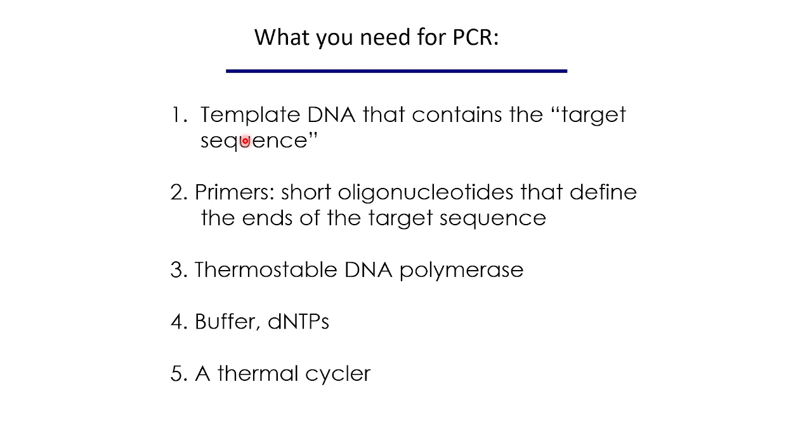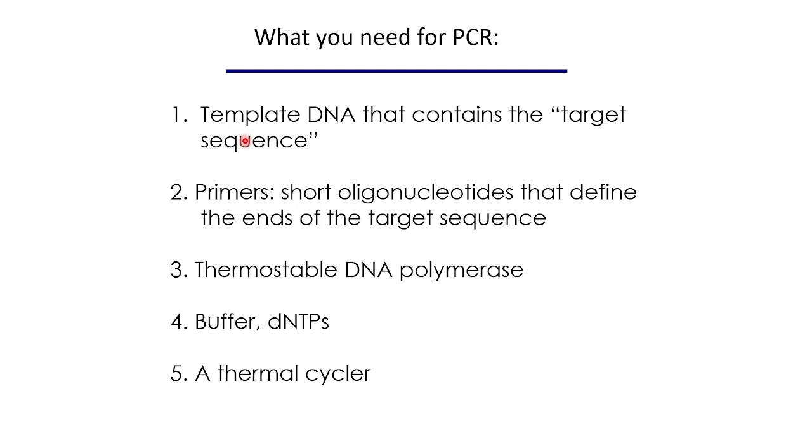So what do we need for the polymerase chain reaction? It's a template DNA that contains our target sequence, that is the specific sequence which we are looking for. It includes primers. So what are primers?